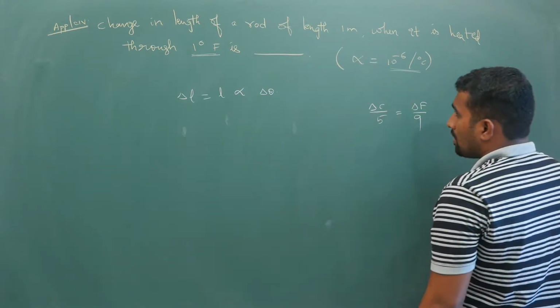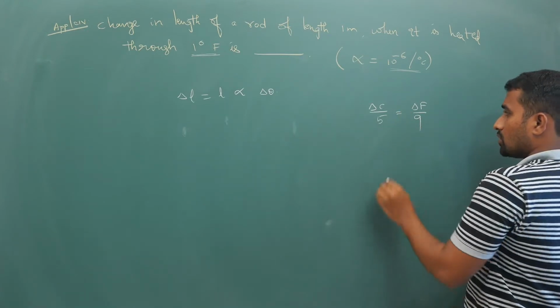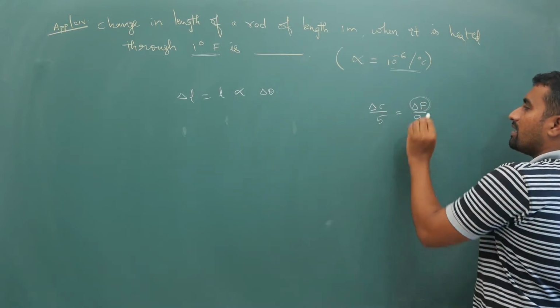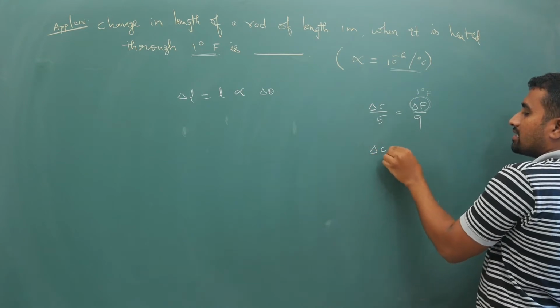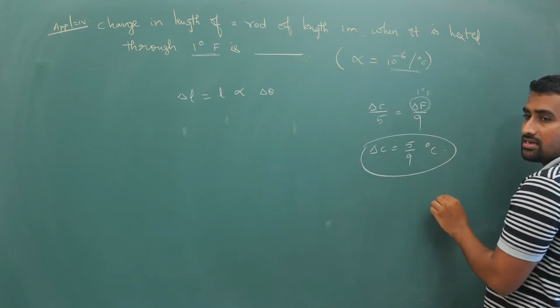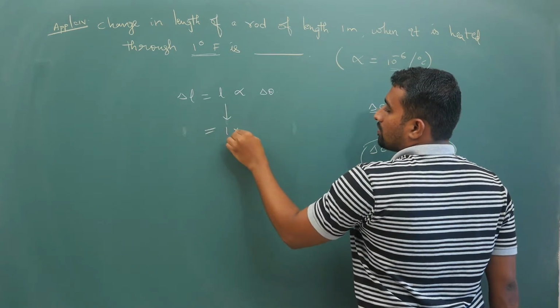Your alpha is mentioned in degrees centigrade, and the temperature change is 1 degree Fahrenheit. So 1 degree Fahrenheit change means delta C is 5 by 9 degrees centigrade, the temperature difference in Celsius scale.